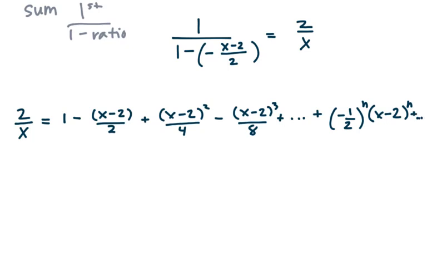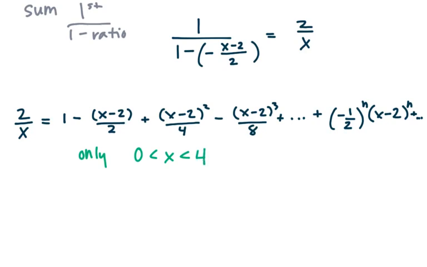So this infinite sum is going to converge to 2 over x, but it's very important we notice this is only for x values that are between 0 and 4.